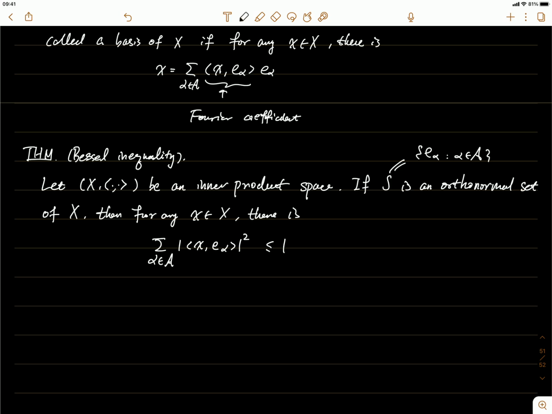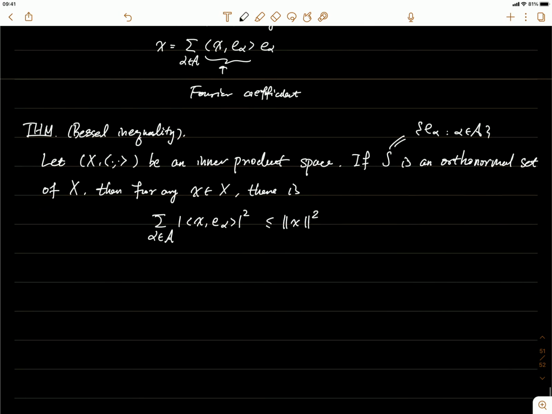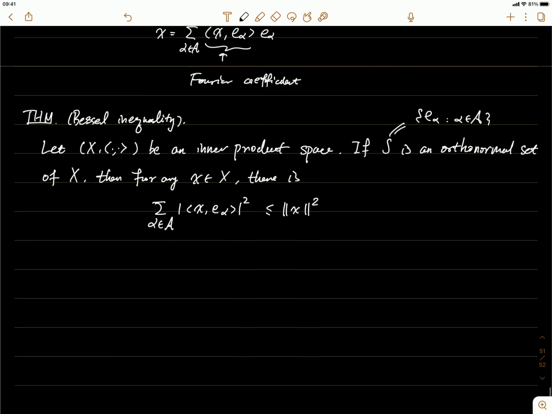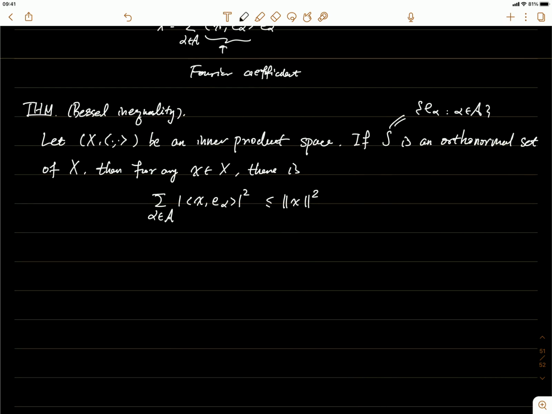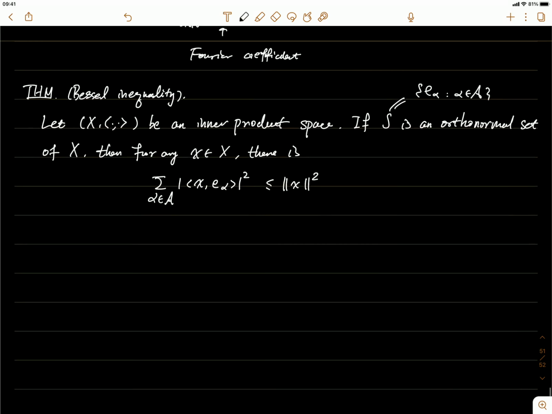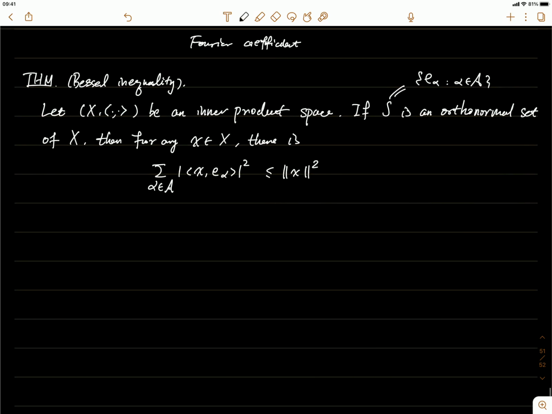This is going to be less than or equal to the norm of X squared. Okay, so this also holds in the case where S is a basis, but it actually holds for general orthonormal set.